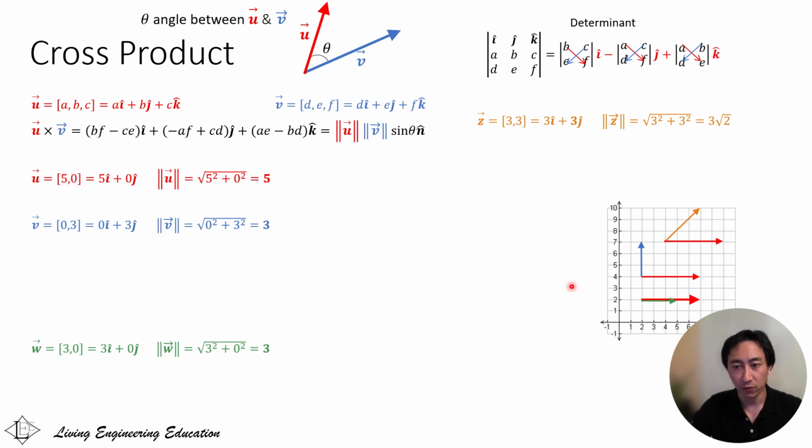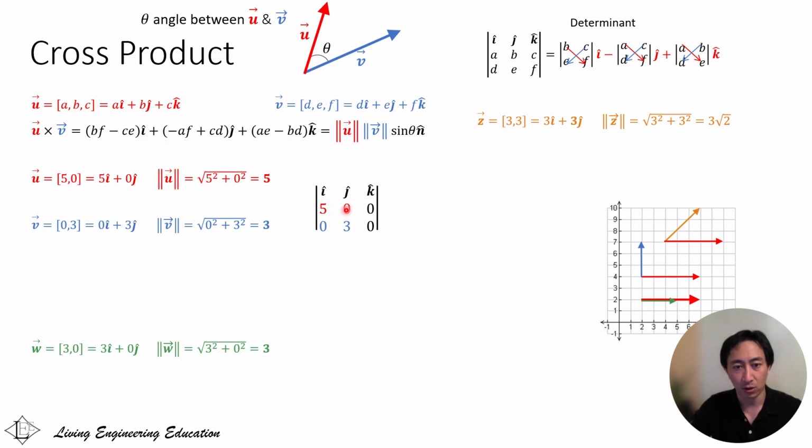First we're going to look at a perpendicular set of vectors, the u and v vector, as we see right here. We found the vector and magnitude of it in the previous example when we looked at dot products. To help us understand what the cross product is going to look like, we build the determinant right here, and we build each of these components.